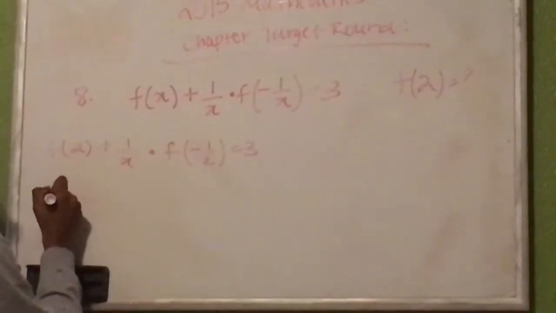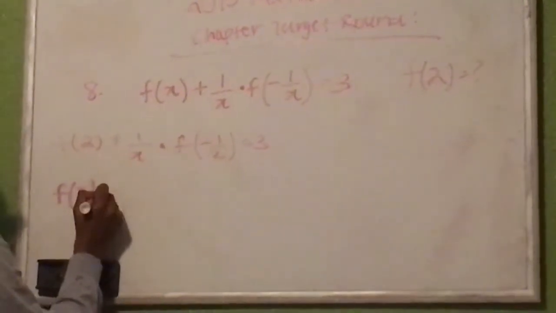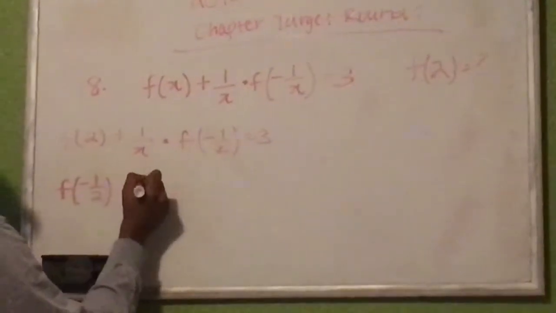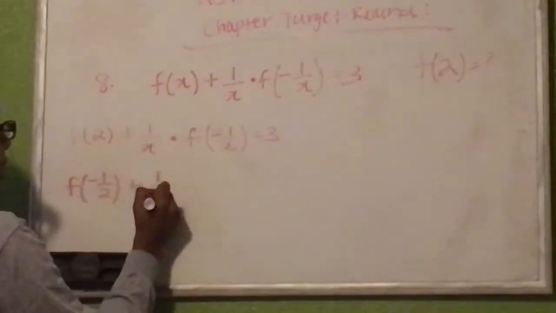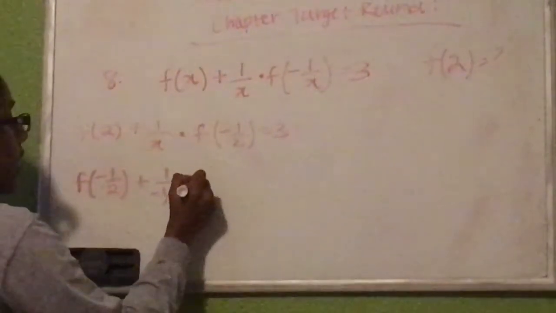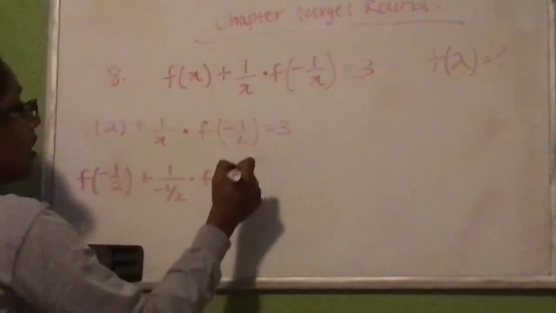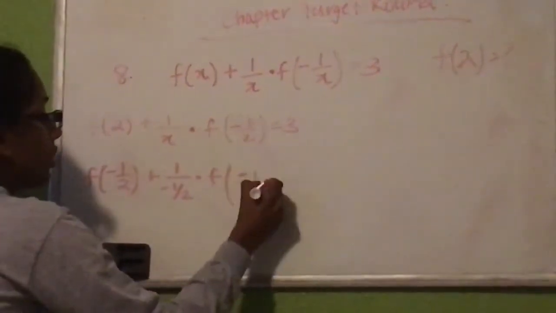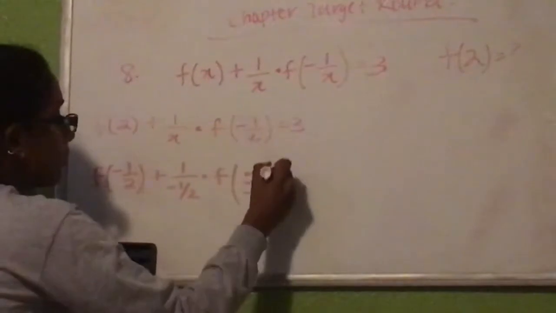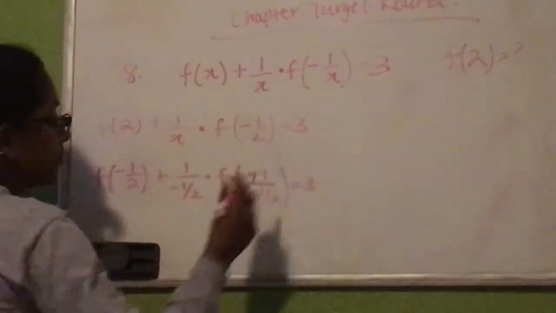So I get f(-1/2) plus 1 over negative 1/2 times f of negative 1 over negative 1/2 equals 3.